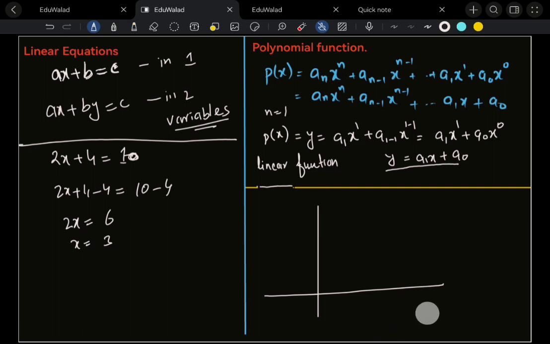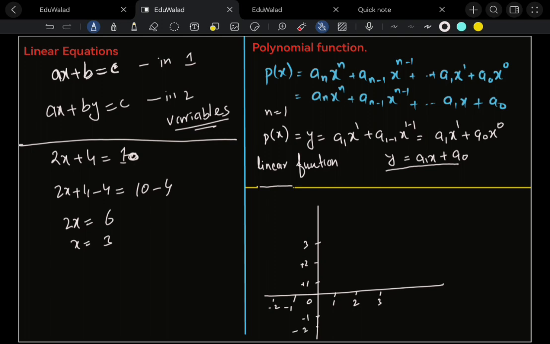This is the origin. From the origin to the right side are positive values, to the left side negative values, upward positive values of y, and downward negative values of y.